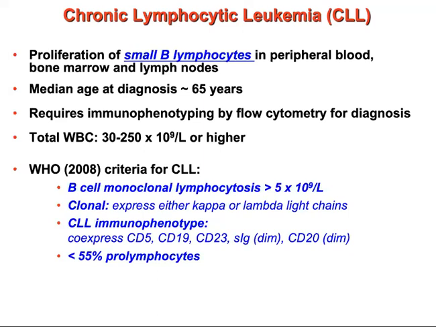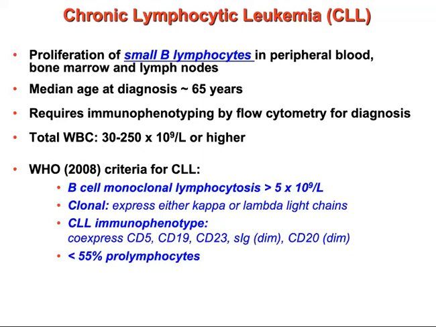So, B cell monoclonal lymphocytosis over 5,000. Clonality, so they're expressing either kappa or lambda light chains. Normally, in a normal patient, B cells express both kappa and lambda light chains, but this is an aberrant, neoplastic process, so you're seeing clonality.